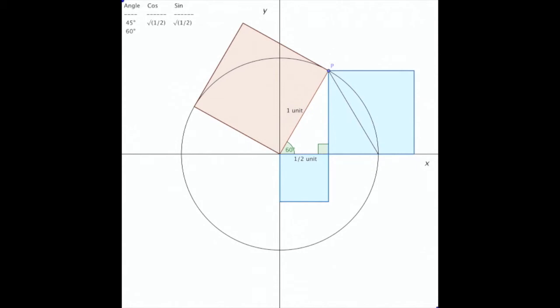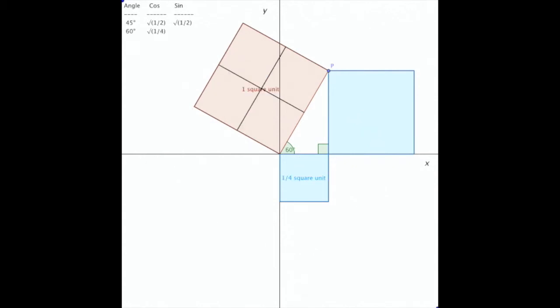Using Pythagoras' theorem again, we look at the small square. Its side length is a half unit, so what's its area? It's a half times a half. A half of a half is a quarter. The area of the smallest square is a quarter of a square unit, and that's a quarter of the area of the large square.